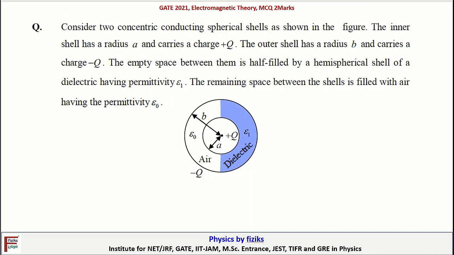Hello students, in this question it is given that there are two concentric conducting spherical shells, as shown in this figure.